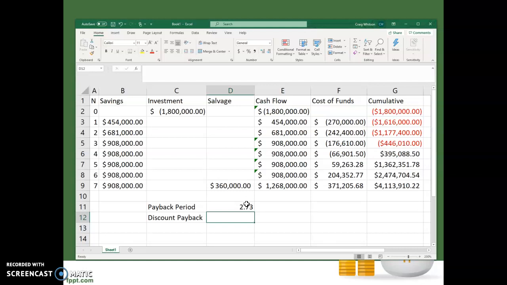So it's somewhere in between 3 and 4. So it's going to be equal to 3 plus what? We have to make this much money. If we're at the end of year 3, we still have a negative balance of $446,000. And so that's how much money we need to make or save in the following year.